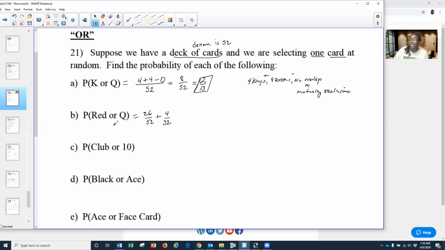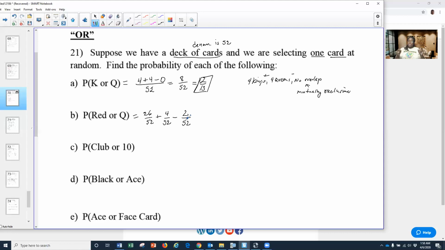Yes. How many? 2. A heart and a diamond, right? So I'm going to subtract out 2 out of 52. There's 2 cards in there that could be a red card and a queen.